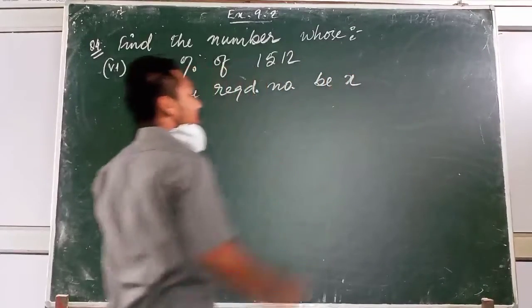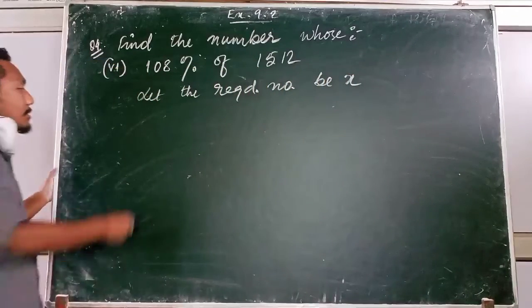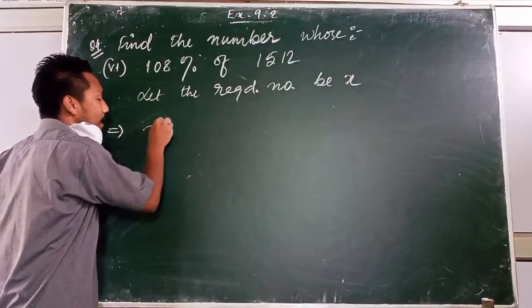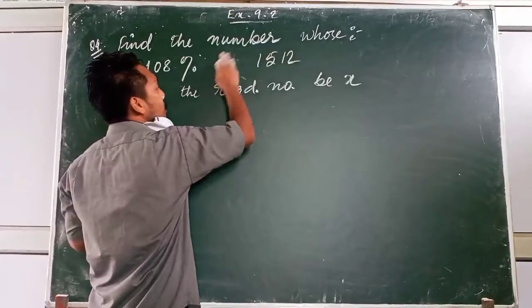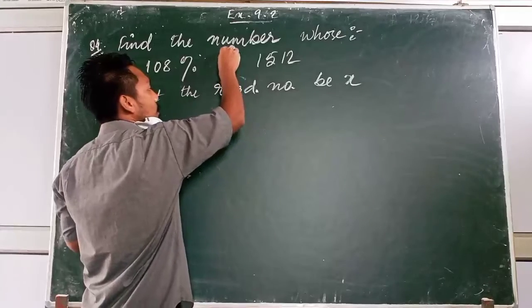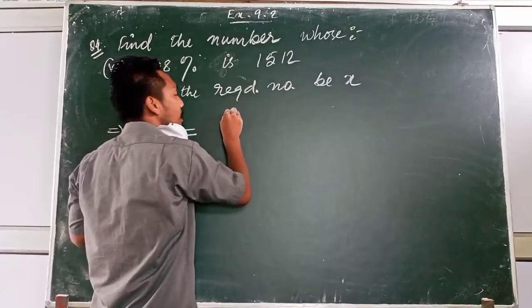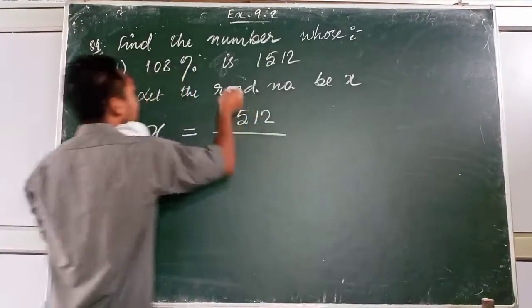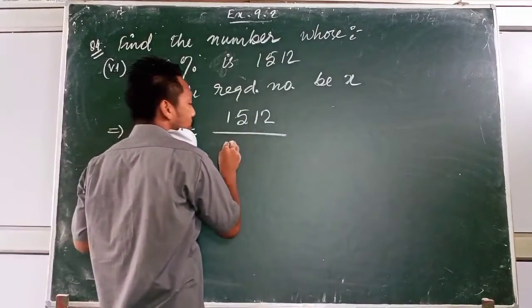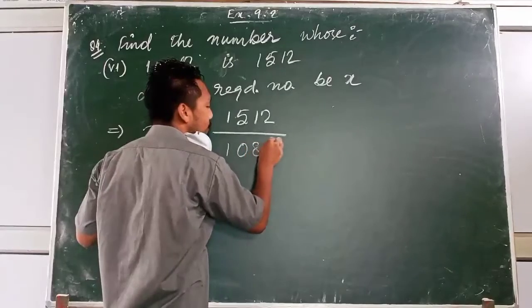We don't know the number, that is why we have to consider this as x, which implies that x will be equal to what? The required number. So this is not 'of', this is 'is'. Right after 'is', you have to write that number upside, and below this, the number which is in front of 'is', you have to write it down, so that is 100%.